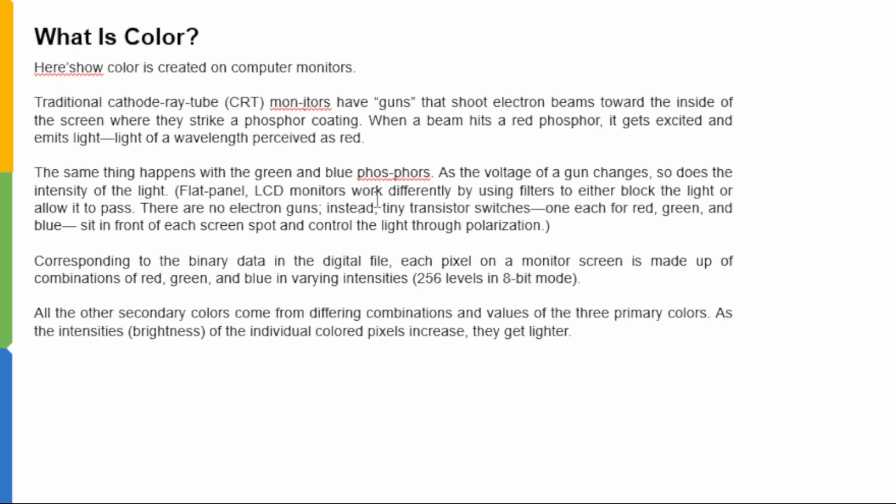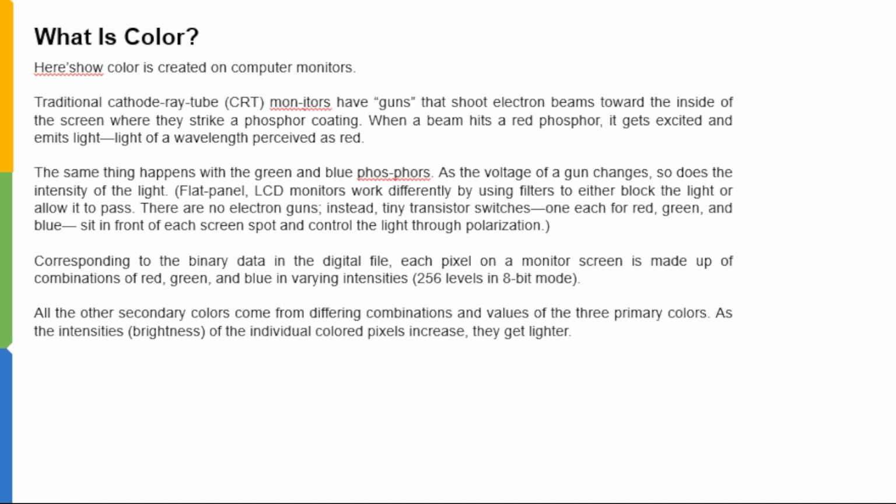Flat panel LCD monitors work differently by using filters to either block the light or allow it to pass. There are no electron guns; instead tiny transistor switches, one each of red, green and blue, sit in front of each screen spot and control the light through polarization.